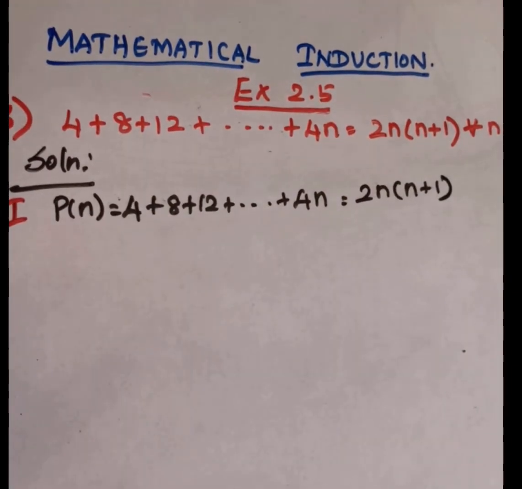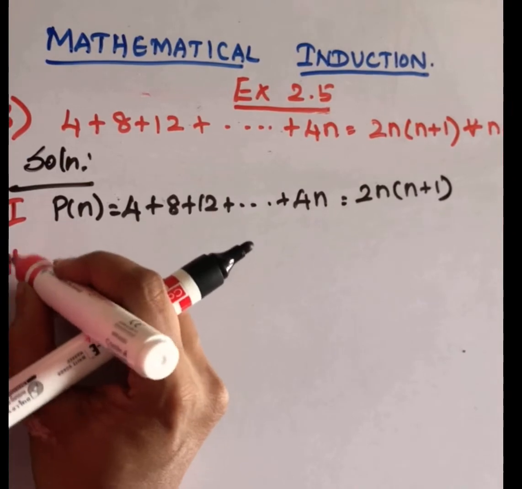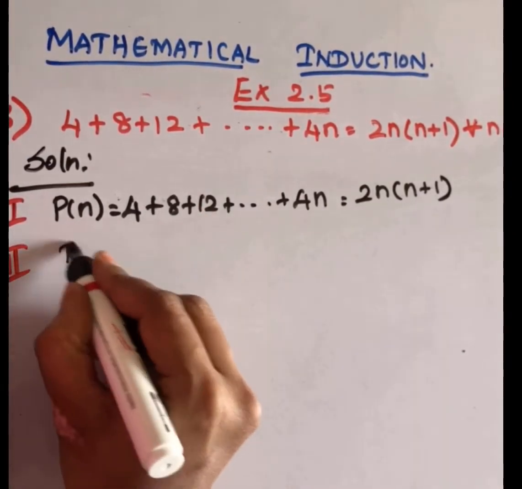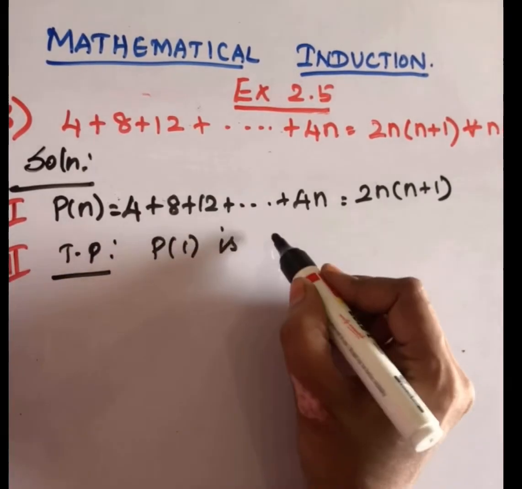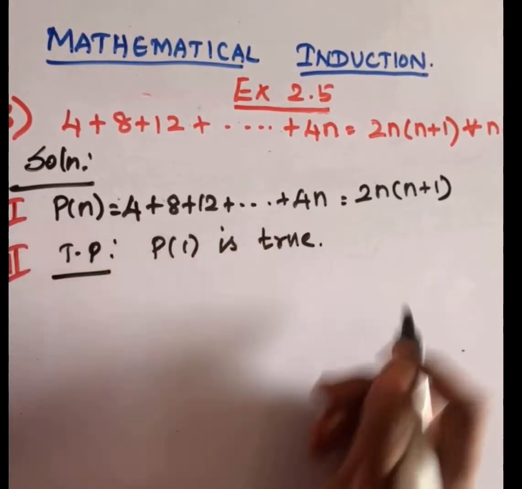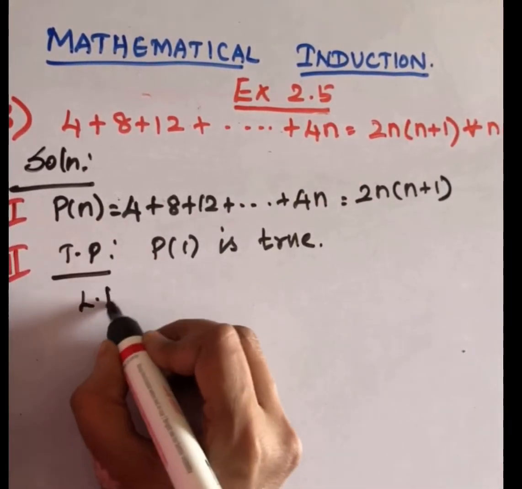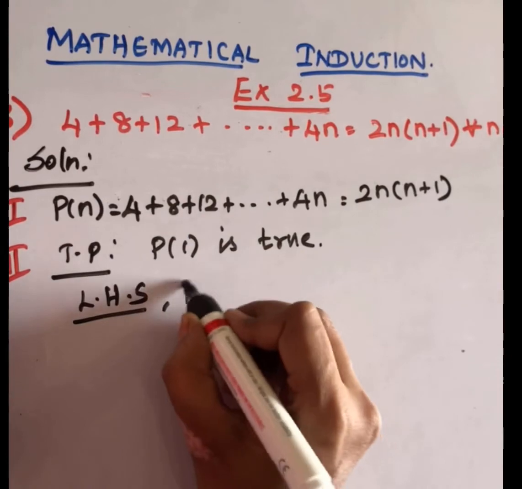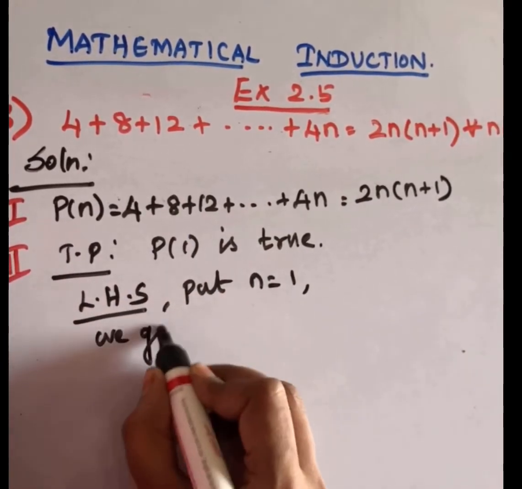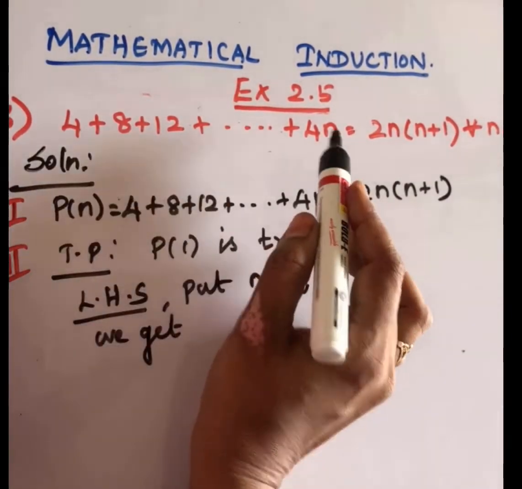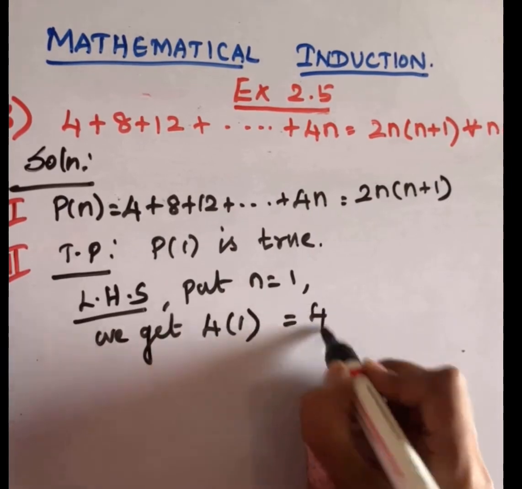Okay. So now we have to prove P of 1 is true. After writing P of n, we have to prove P of 1 is true. In the left hand side, put n is equal to 1 and we get 4 into 1, that is equal to 4.